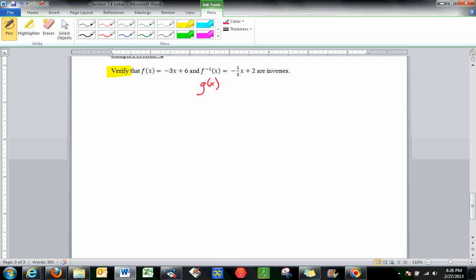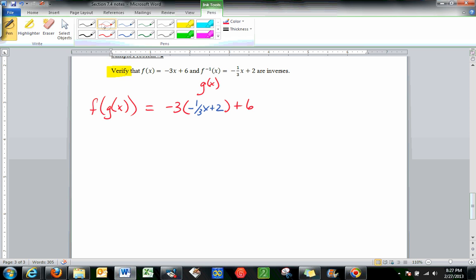Okay, so on this particular one, I'll keep it simple and do the f of x and g of x composites. f of x was -3 times x plus 6, and I'm going to replace that x value with the entire g of x function, or the f of -1 of x, which is -1/3 x plus 2.